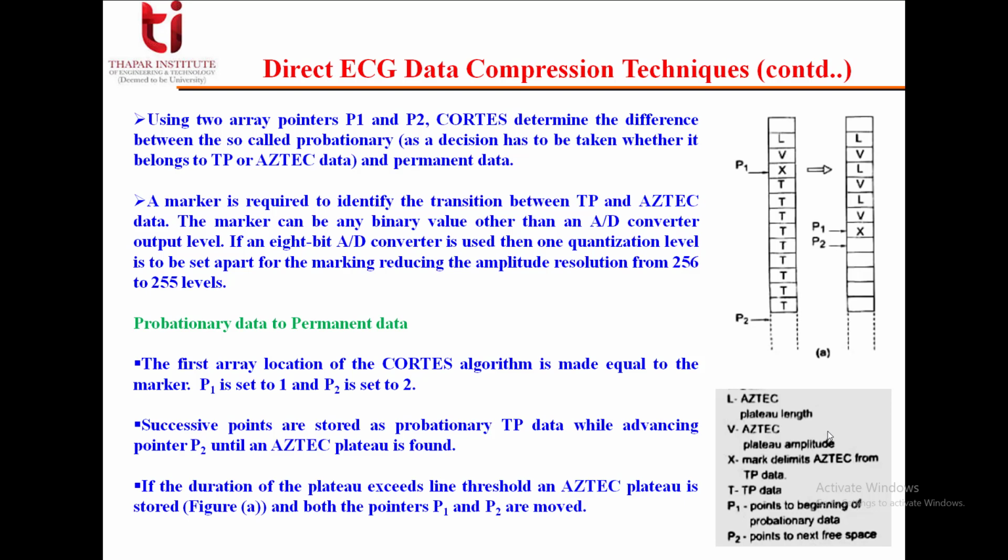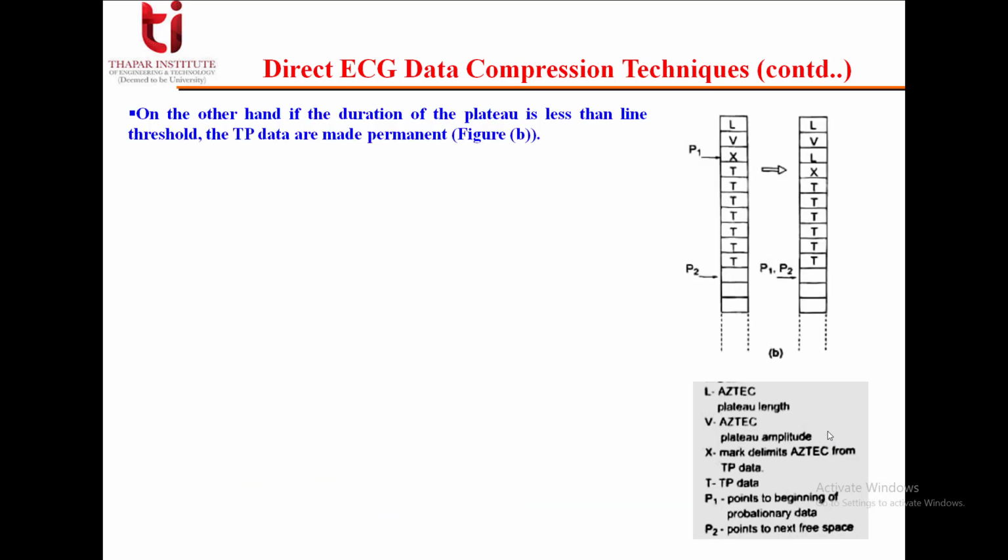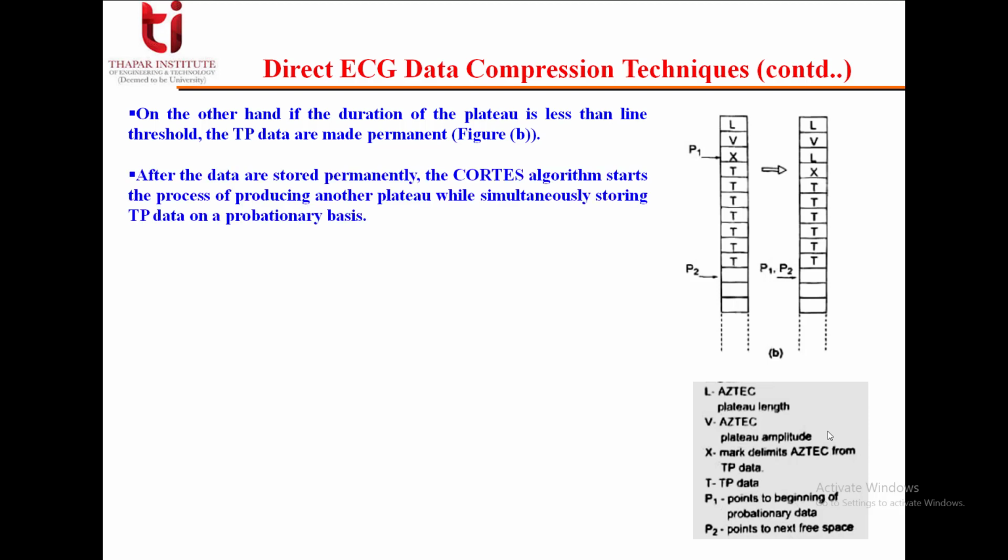Now if the duration of the plateau exceeds the line threshold, an AZTEC plateau is stored, as you can see in figure A, and both the pointers P1 and P2 are moved. On the other hand, if the duration is less than the line threshold, then TP data are made permanent. After the data are stored permanently, the CORTES algorithm starts the process of producing another plateau while simultaneously storing TP data on a probationary basis.